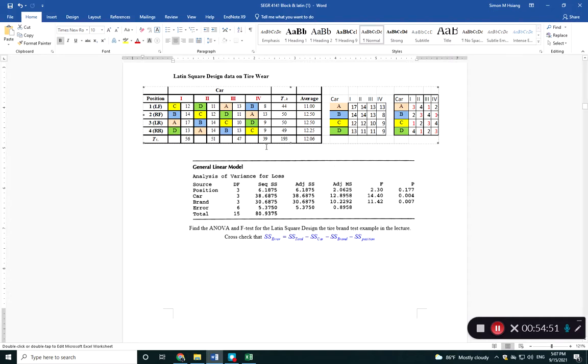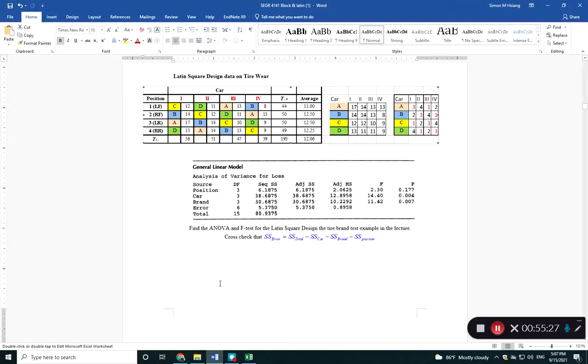So if you do that, of course, you can think about this. Originally, in your homework 1, 16 observations, 15 degrees of freedom, after 3 for treatment, how much is left for your error term? 12, right? And then in a blocking design, 3 for treatment, 3 for tire brand, and 3 for car, 15 minus 9, I have 6 degrees of freedom left.